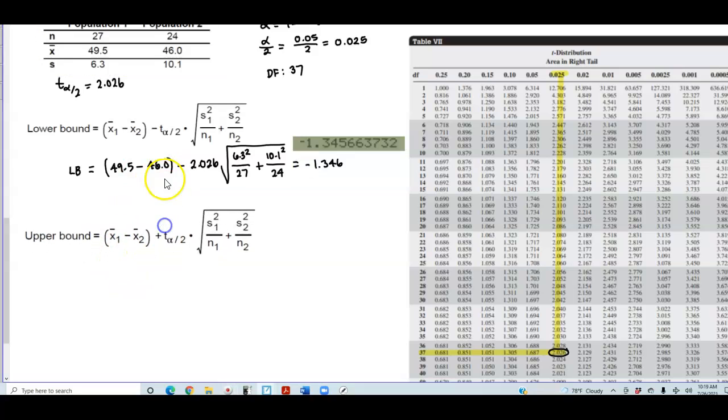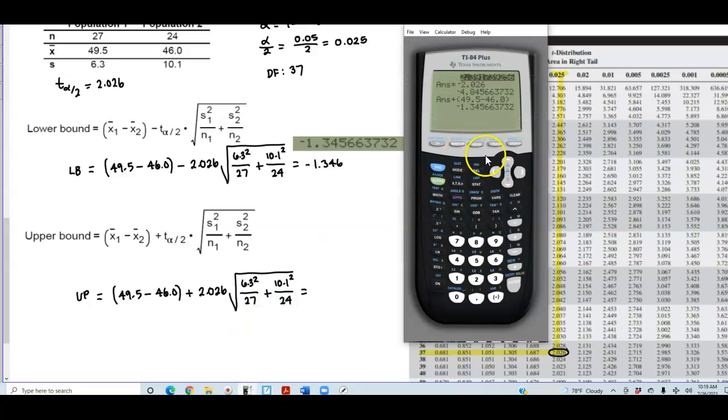Okay, now let's find the upper bound. Basically what we're going to do now is just add the right part of this. So by looking for the upper bound, you're now going to add the critical value times what we have there. When we take the square root of the result of what's inside here, we end up getting this number. Let's press enter, and then we're going to multiply it by the critical value of 2.026.